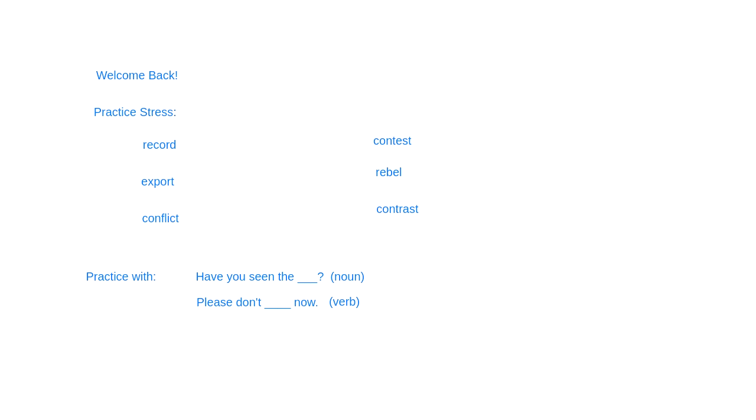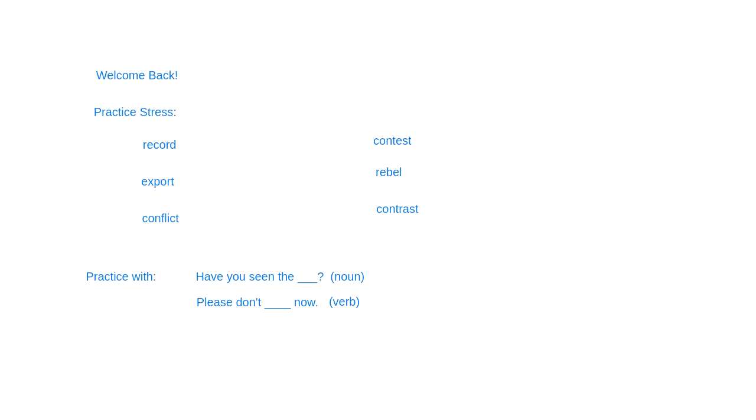Yes, and so if we have a word that has two syllables, do we put the stress on the first syllable or the second syllable? And the second syllable. Okay, on the second one.